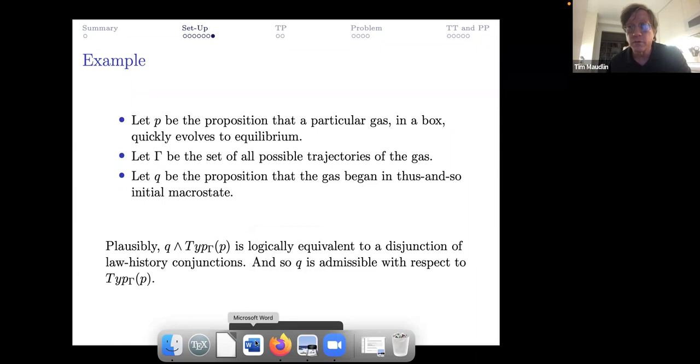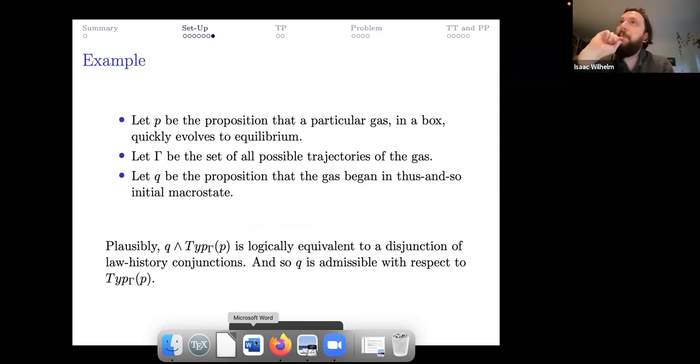Good. So you're saying you've got a biased coin. Typically the proposition is that the coin lands heads. And then you point out, so I haven't gotten to the principle yet, but you're correctly anticipating what the principle is going to say: if God comes and tells you what's going to happen on this coin flip, you now have inadmissible information.